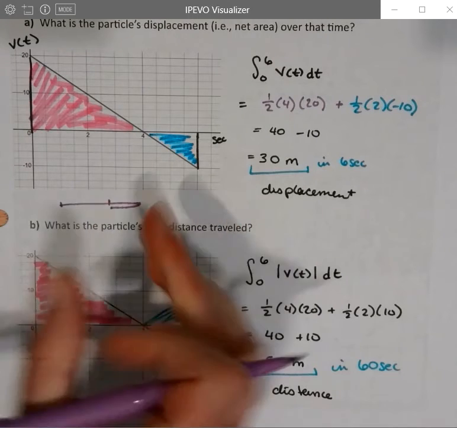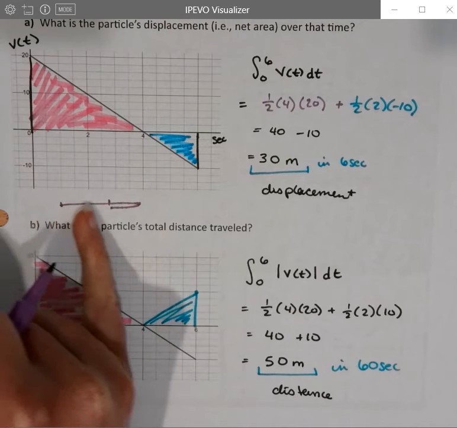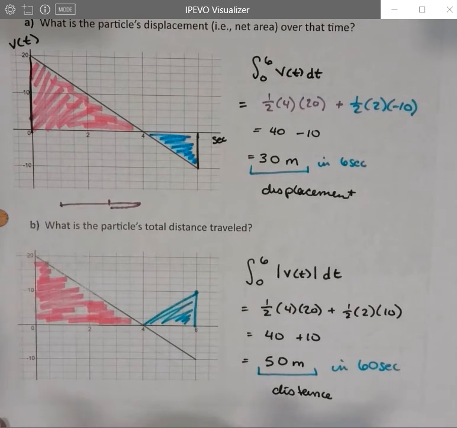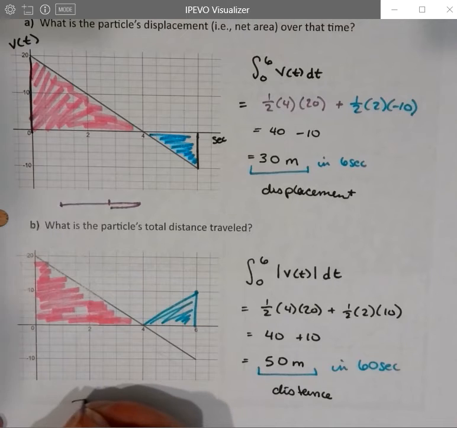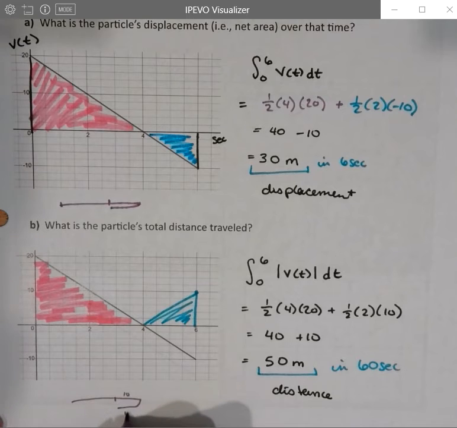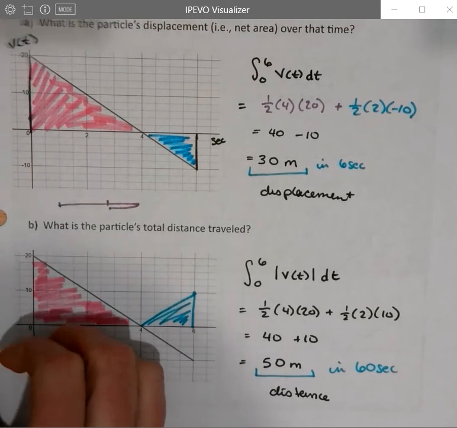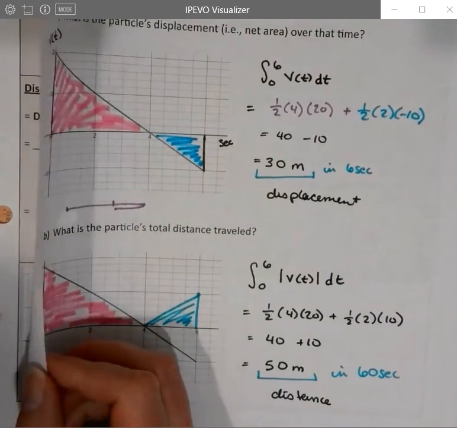So displacement is a difference between where it ended and where it started, and distance is the full length it had to travel, including the time that it went backwards. So we are counting both of those as distance traveled in this case. And so we've got our 30 plus 10 for the total of 50 if we're talking about distance. That's part of the difference between those two.